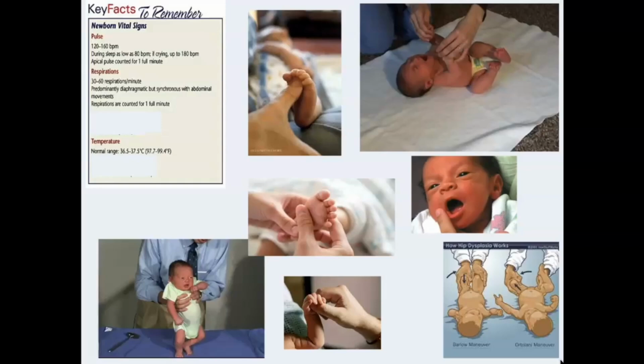So you always want to make sure when you're listening to a newborn's heart rate that you're checking for 1 full minute, as well as when you're checking their respirations. A newborn's respirations are 30 to 60.